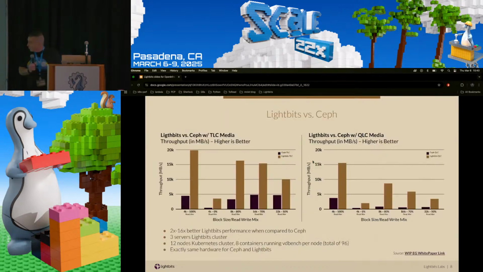And I think this is also a comparison that was done by a third party, trying to understand the impact of using Lightbits storage together with a flash translation layer, comparing QLC and TLC media SSDs. It basically shows that even with slower media like QLC, we still get very good performance because of the flash translation layer. It's also a comparison between Lightbits and Ceph. There's a big gap.